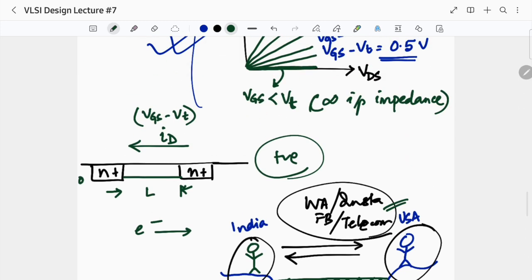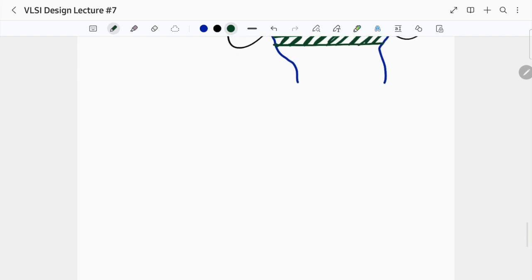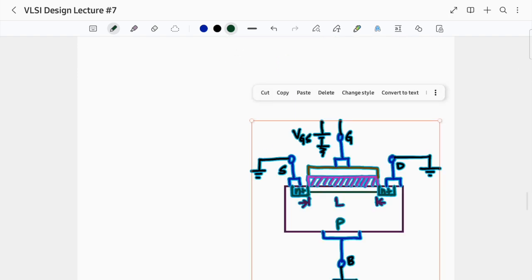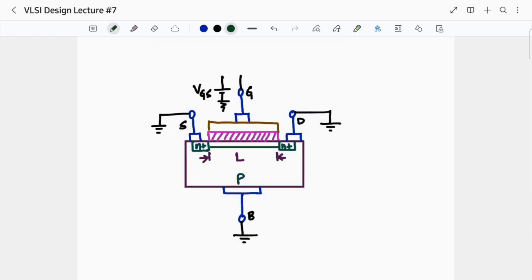Now, in a MOSFET as well, if I simply remove this channel, if this channel is not there, what is there between two N plus pockets?